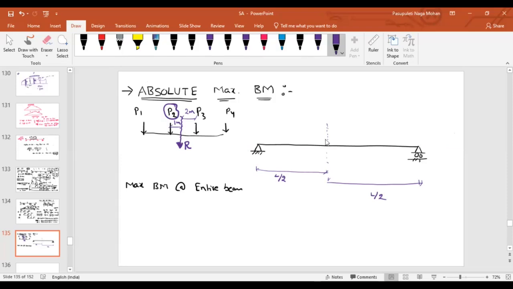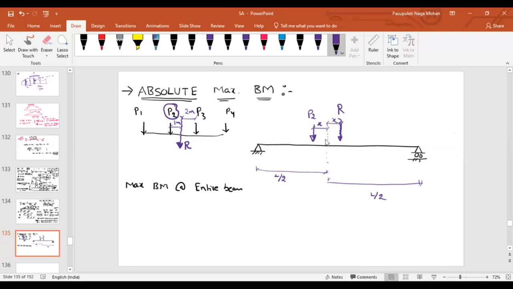Imagine that this is my load P2 and this is my imaginary resultant load. How do we place them? You have to place them at an equal distance. This should be X, and this should be X.